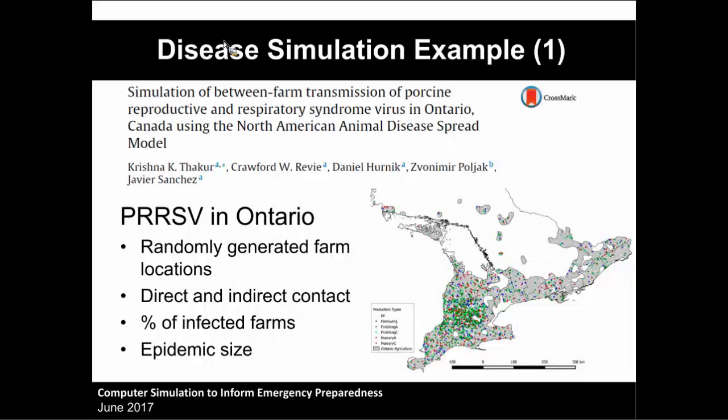Let's say we have two different scenarios. In one scenario, the model will only assess the extent of the outbreak and the size of the epidemic due to direct contact. And the second one would say what would be the extent of the epidemic when we have both direct and indirect contact present for the disease spread.